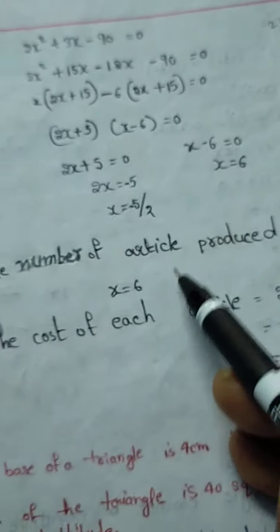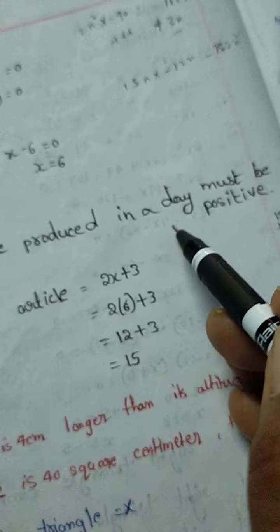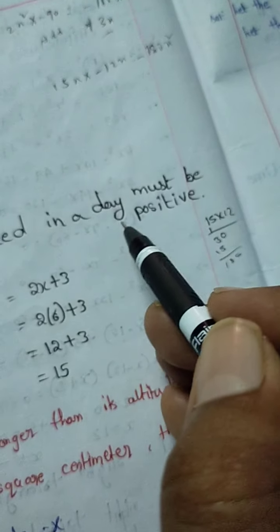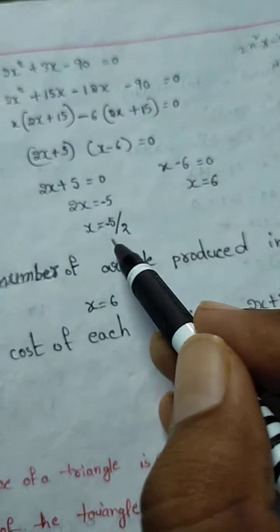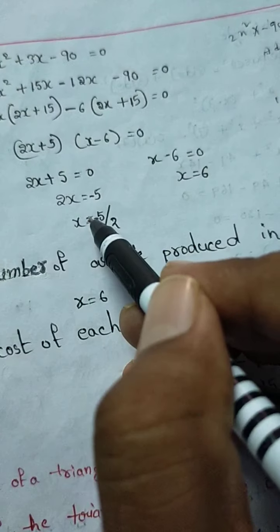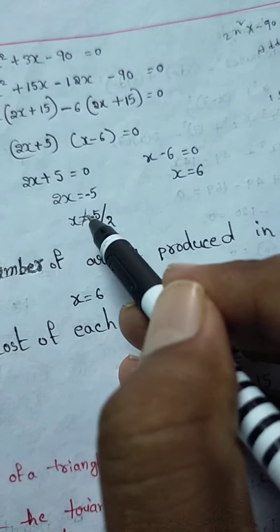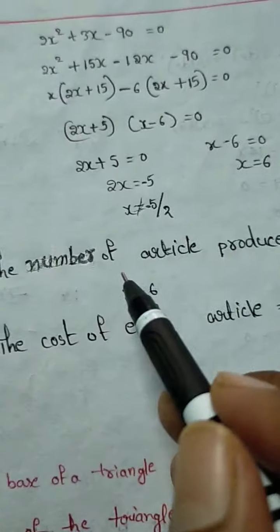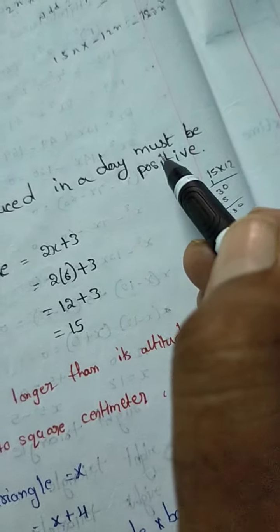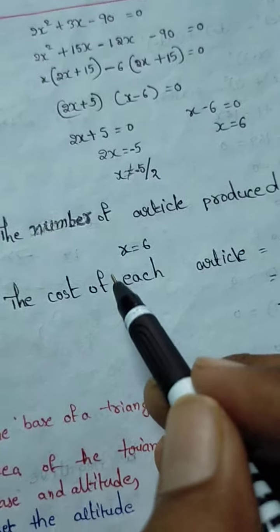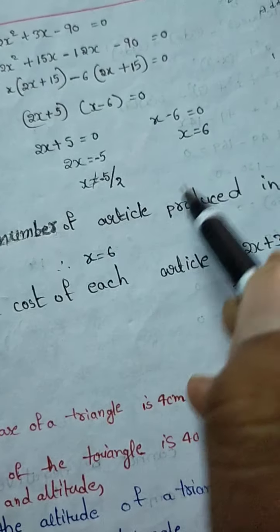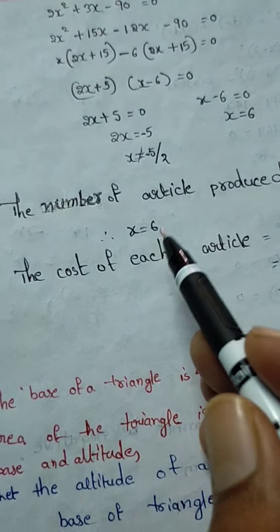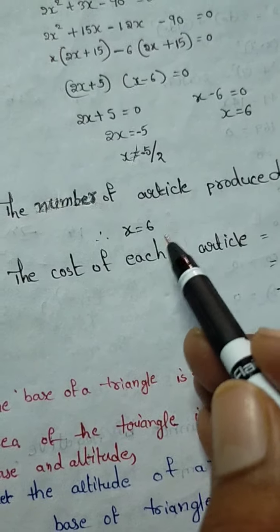The number of articles produced in a day must be positive, so x cannot be negative. Therefore x is equal to 6. X means the number of articles.